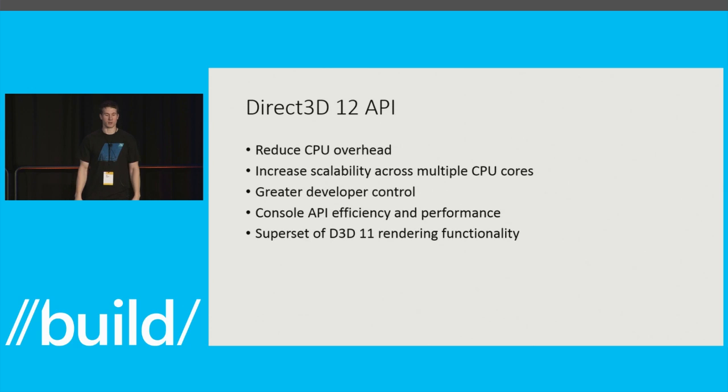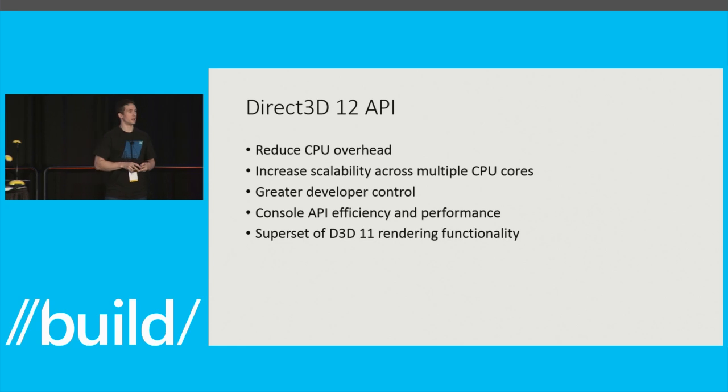What is D3D12? As I mentioned, our main goal in a single sentence is console level efficiency on phone, tablet, PC. Then on Xbox One, our goal is even greater efficiency and parallelism than the existing API set on that platform. What do I mean when I say console level efficiency?